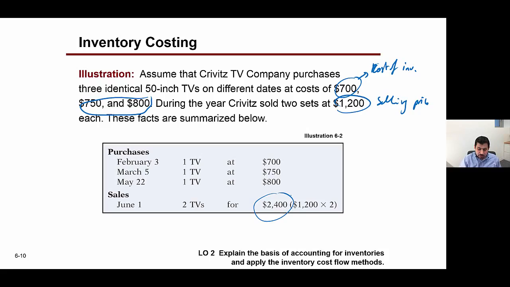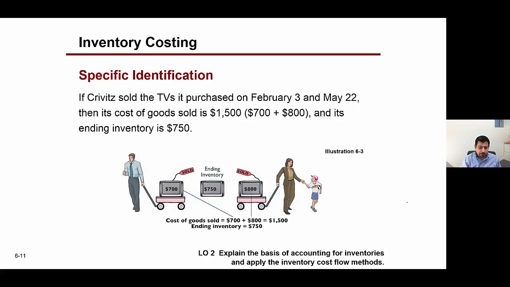Did we sell TV 1 and TV 3? Or was it TV 1 and TV 2? Or TV 2 and TV 3? So which ones did we actually sell?